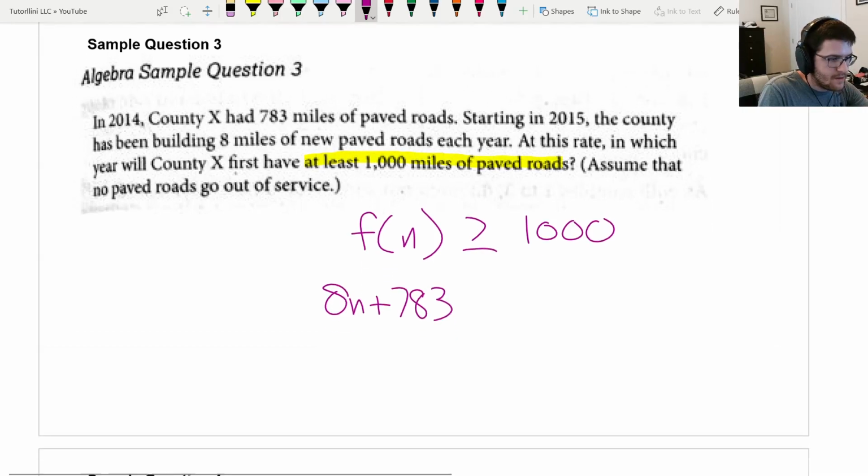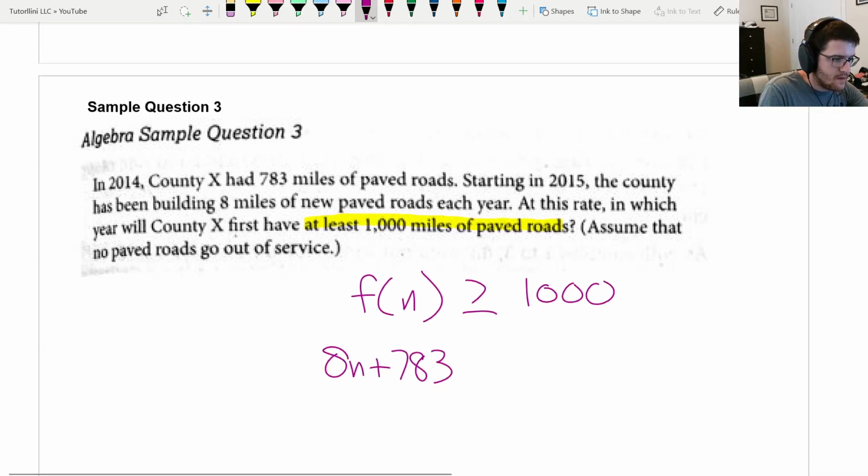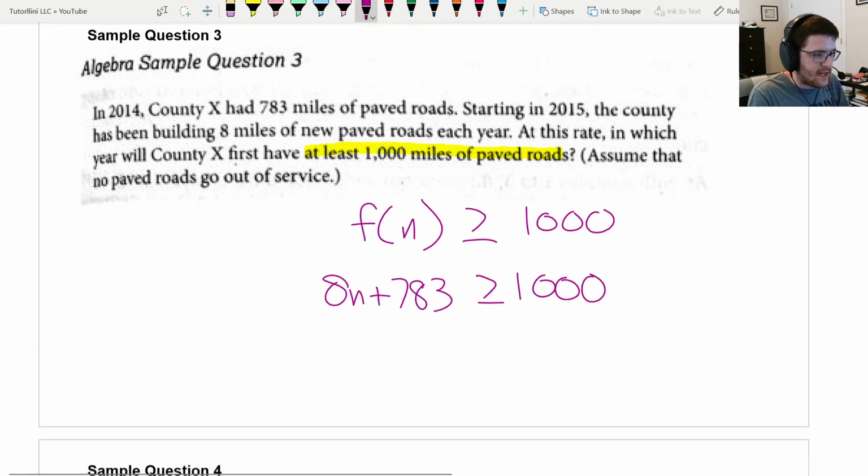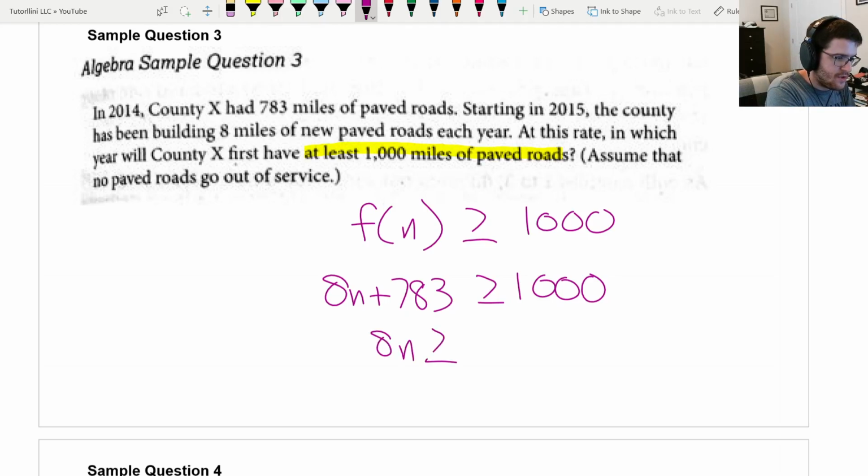And we can now solve this inequality. So the first thing I'm going to do is subtract 783 from both sides. So that gives me 8n is greater than or equal to 217. And now I'm going to divide both sides by 8. And I get n is greater than or equal to 27.125.